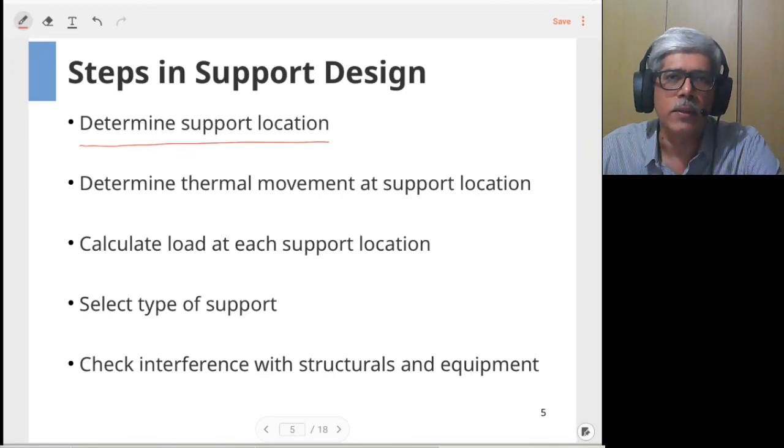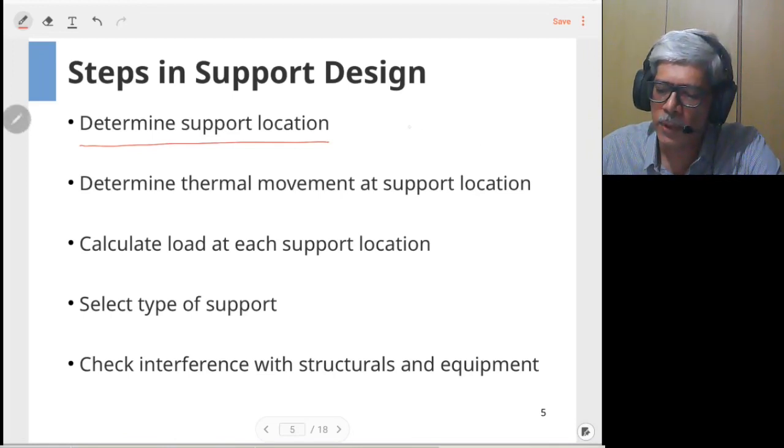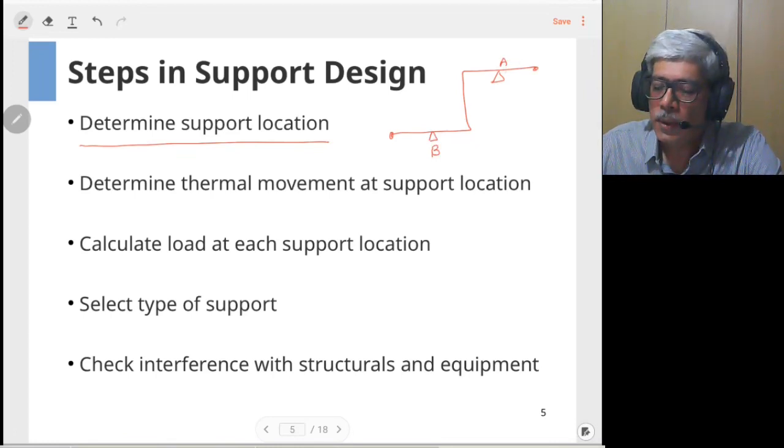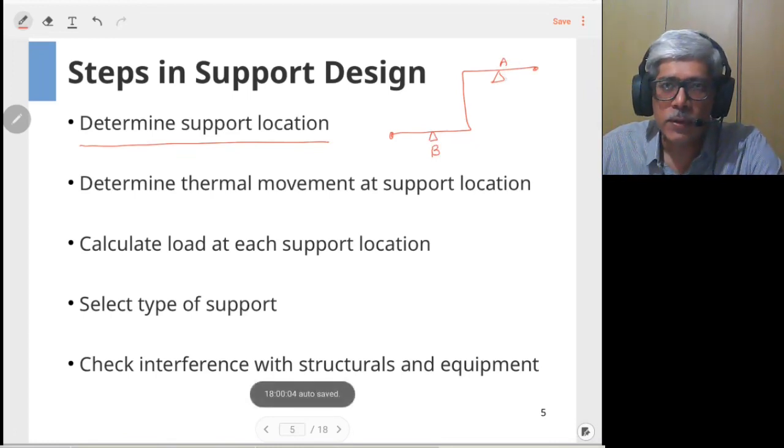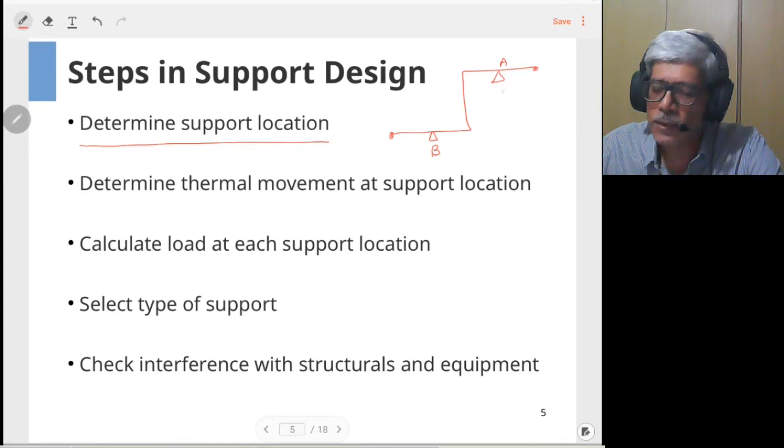which will be followed by calculation of the thermal movement at the support locations. So if you have a piping which is moving from point A to point B, and you are planning to support based on the guidelines, support at point A and point B. One is the self weight, so those reactions are relatively simple, but because of the thermal expansion, this piping may have certain movement which you need to calculate.